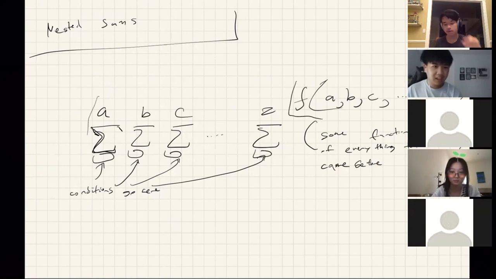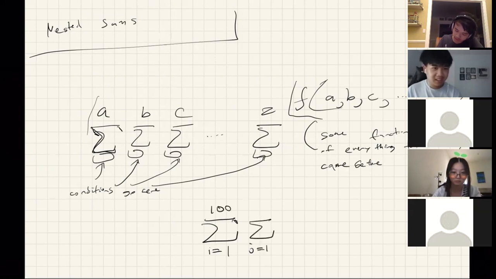A very elementary example of this would be i equals 1 to 100, j equals 1 to 100, and then you would be thinking about, let's say, i times j.